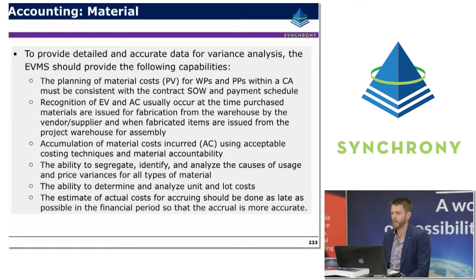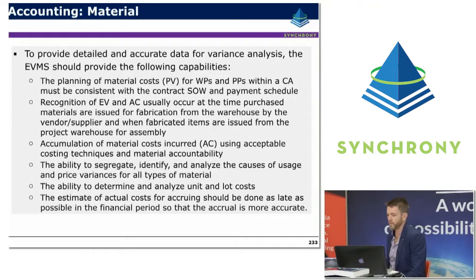Recognition of earned value and actual costs occur at the time purchased materials are either issued for fabrication from the warehouse for a workshop environment, or by the vendor and supplier, and when fabricated items are issued from the project warehouse for assembly, as a standard method for planning and for claiming earned value and attributing actual costs.